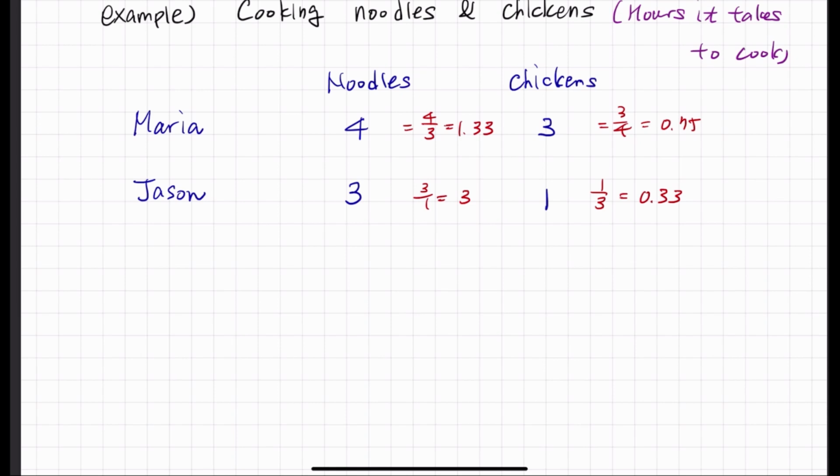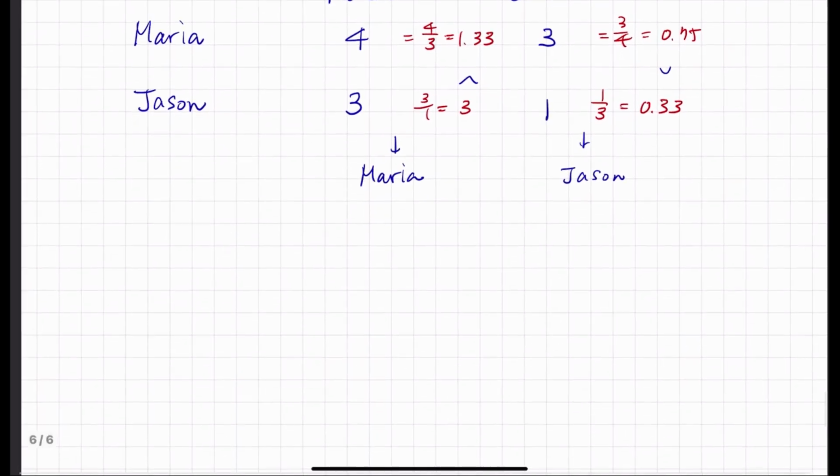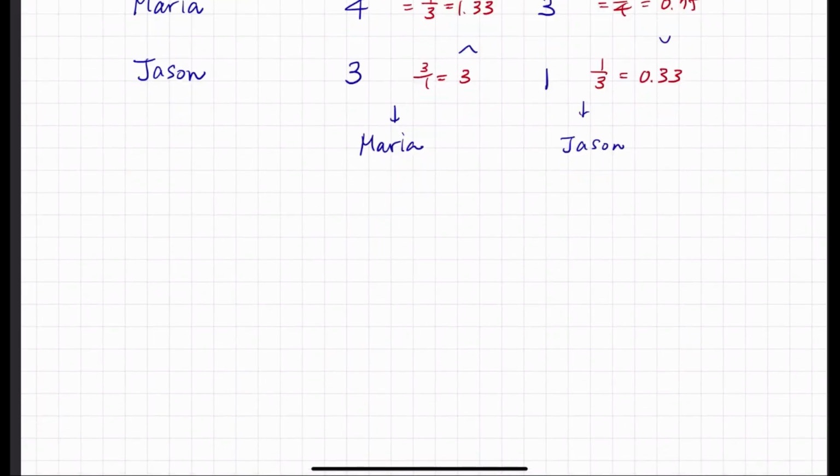So for noodles, which one has less opportunity cost? Maria. Okay? For chicken, Jason has the less opportunity cost. So for chicken, Jason should specialize. Okay? So we want to know Maria's opportunity cost of making chicken.